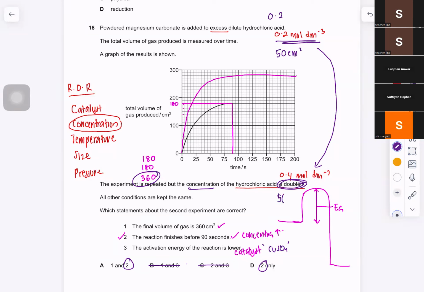This one we put 50 cm3, because they said all other conditions are kept the same. Up to there, is it clear?